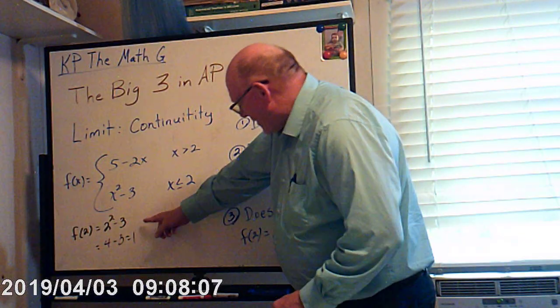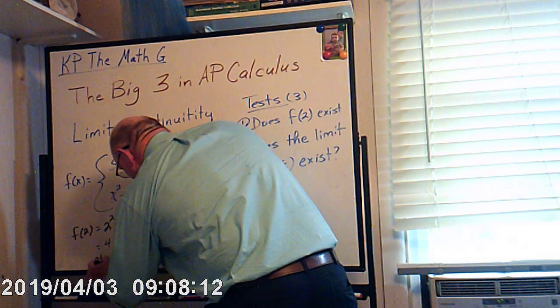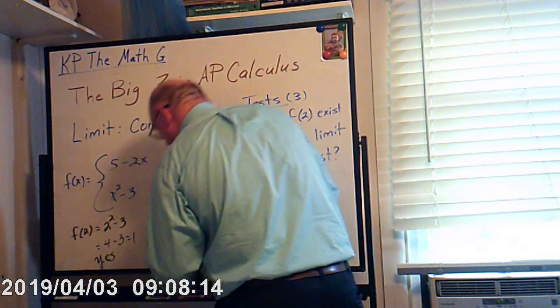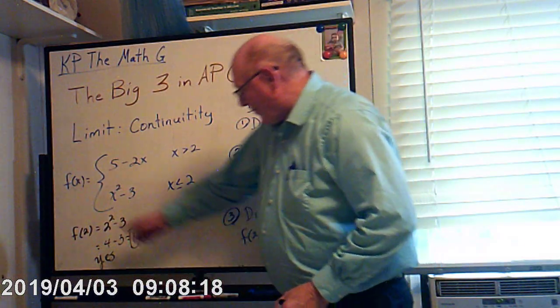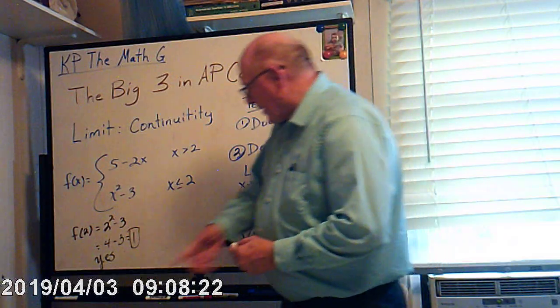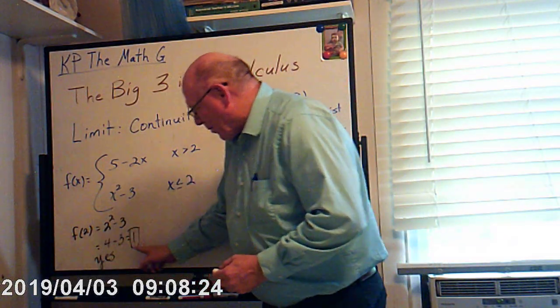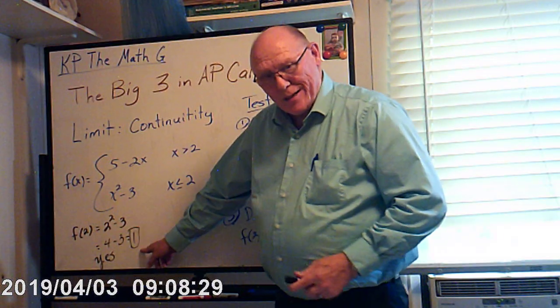Alright, so yes, this is true. f at 2 does exist. The answer is 1. The y value is 1. So when you plug in 2, you get 1. So the point is (2, 1). You got an answer here. Yes, it does exist.